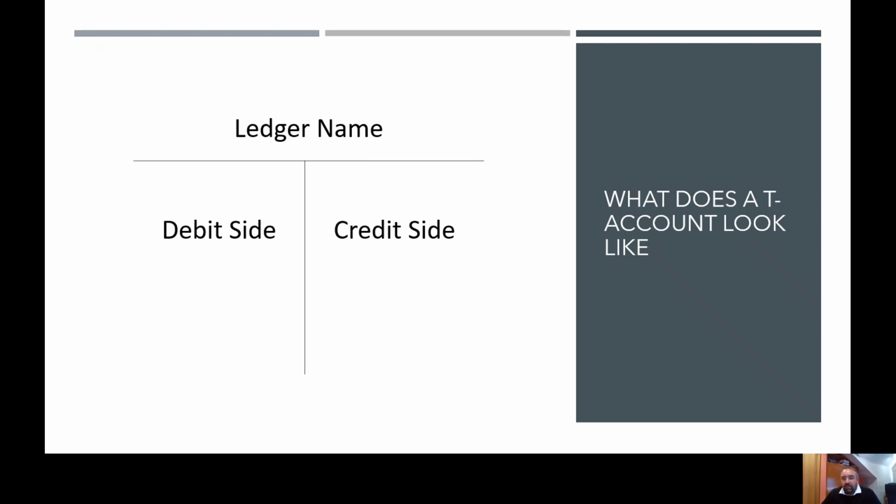There's no set wording of what is correct and what is not correct. The criteria for a ledger name is basically that the reader of your financial statements must be able to determine the nature of this T account by reading that ledger name.